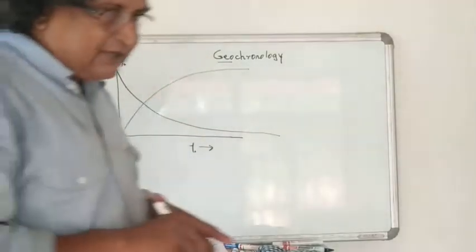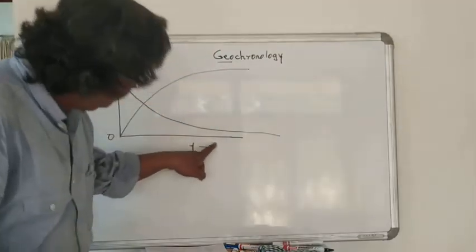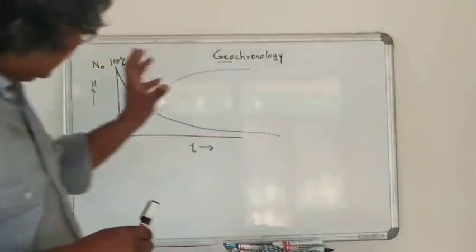So now you're bringing in the variable time, and here you have a parent-daughter isotope.